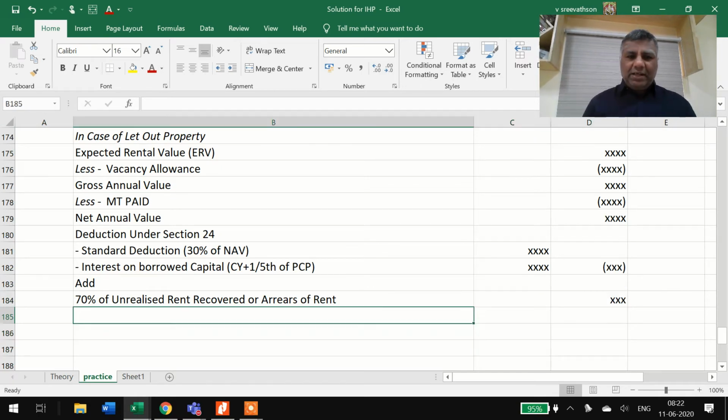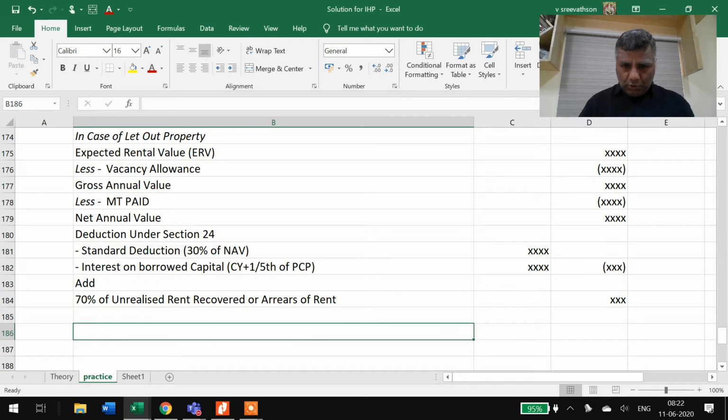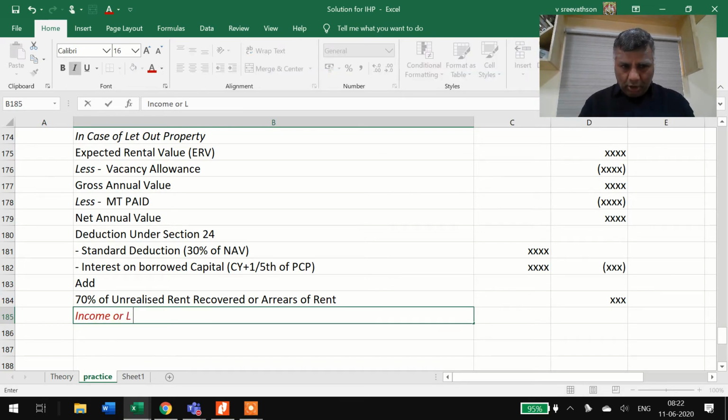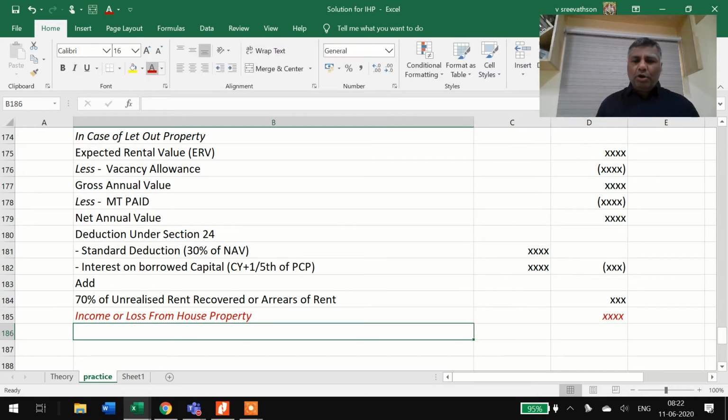That's why 70% of unrealized rent recovered or arrears of rent. The final answer you will get now is known as income or loss from house property. Except salary chapter, in every other chapter it can be either income or loss.